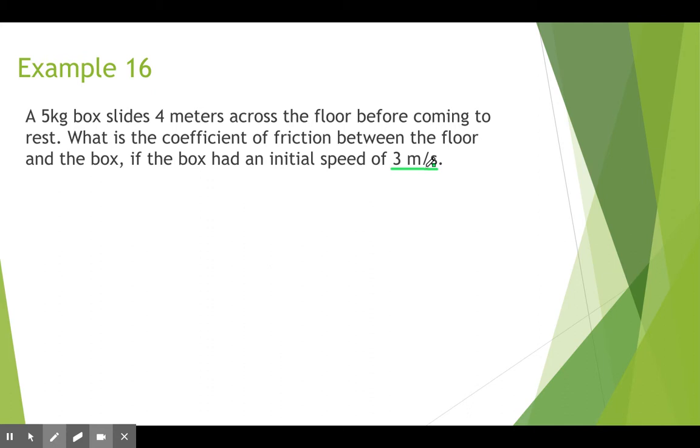So in this type of example, you might be thinking, okay, I have the displacement, I have the initial speed of the box, and I have the final speed of the box. Why is this in the work and energy unit?